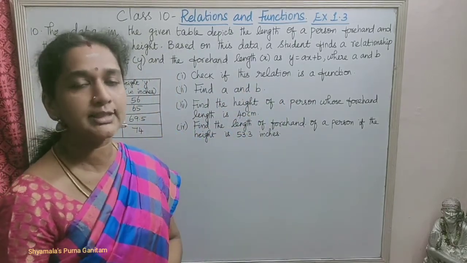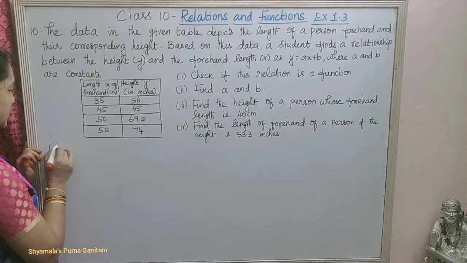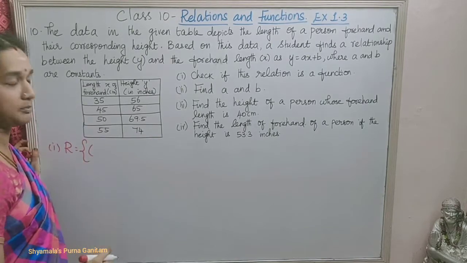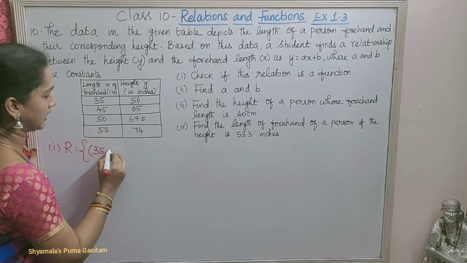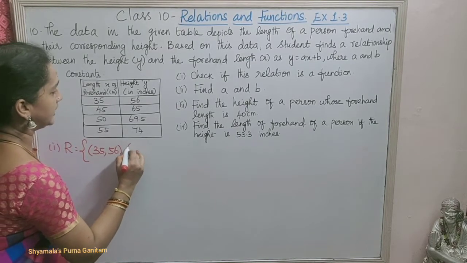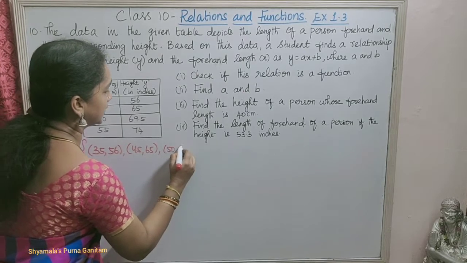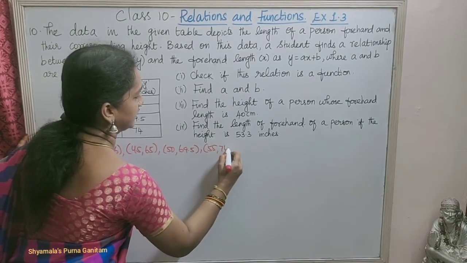So first for this we need to write the ordered pairs. When it is a relation, one element is combined to the other one, that is 35 comma 56, then 45 comma 65, then 50 comma 69.5, then 55 comma 74.